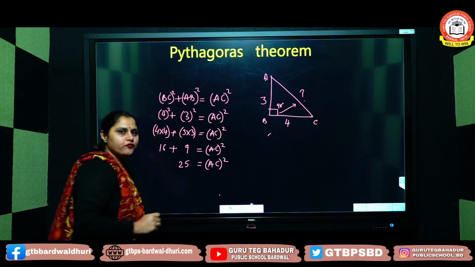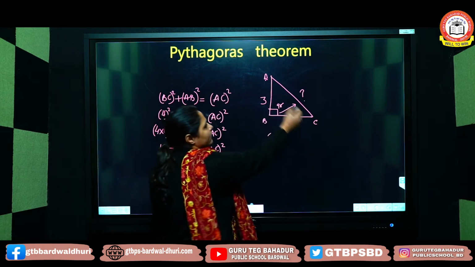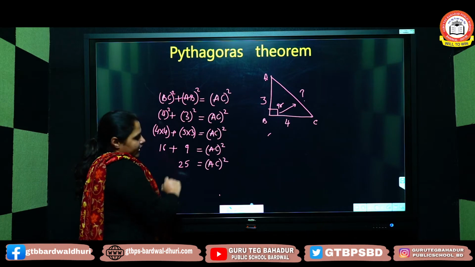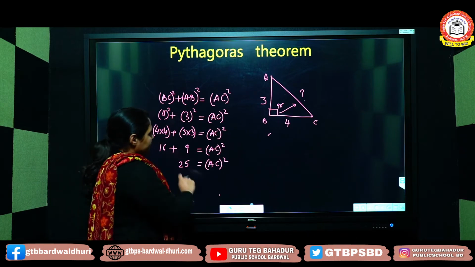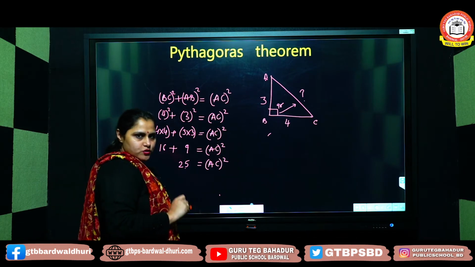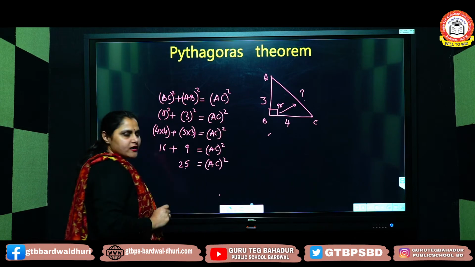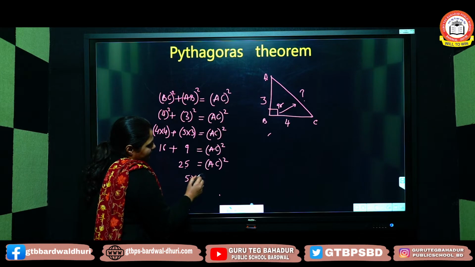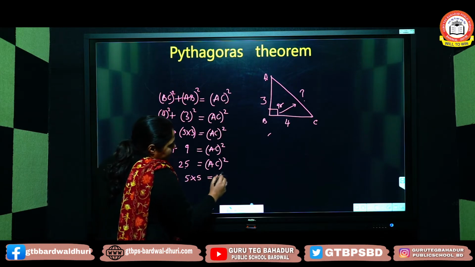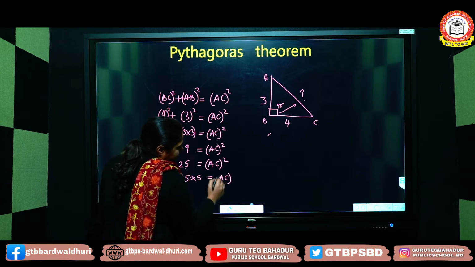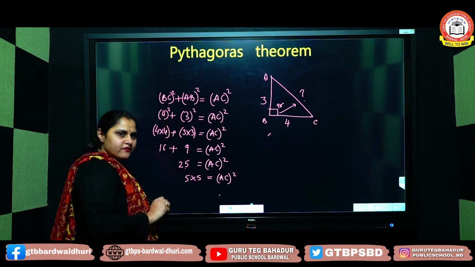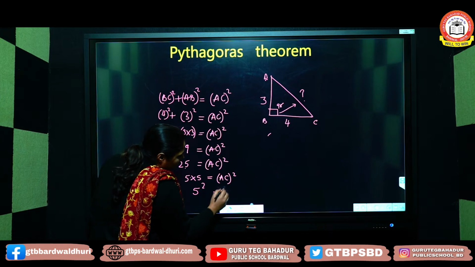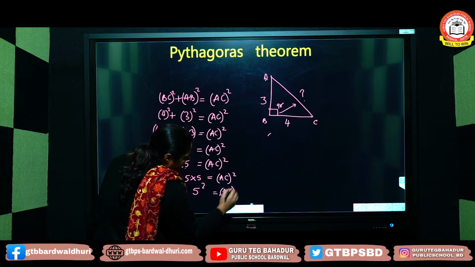Now as we have to find out AC only, but here it is given AC square. On the left hand side, we will convert this 25 into a square also so that these two squares will cancel. Now 25 I can write as 5 multiplied by 5, is equal to AC square, and 5 into 5 means 5 square, is equal to AC square.